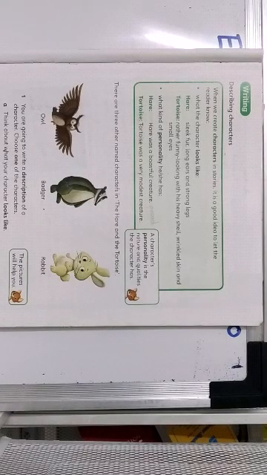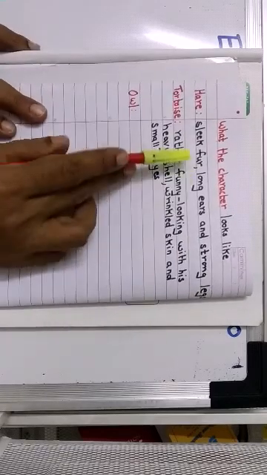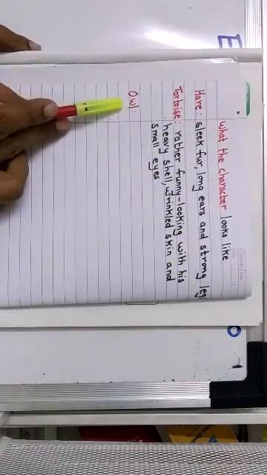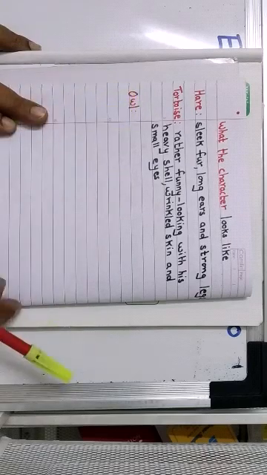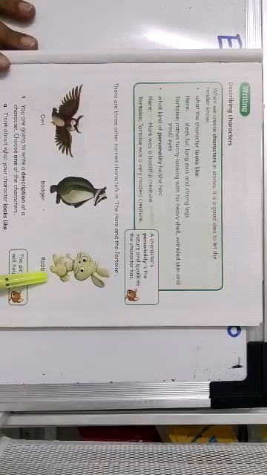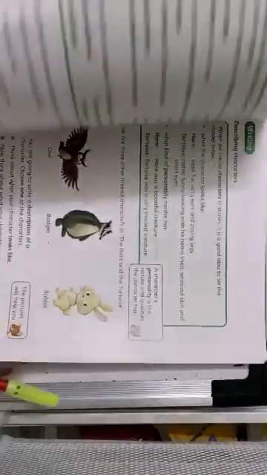Now for the hare and the tortoise, they have already given us the description. Now I have to write for the owl, then for the badger, and then for the rabbit. When I read my text over here, have they given me how the owl is looking?